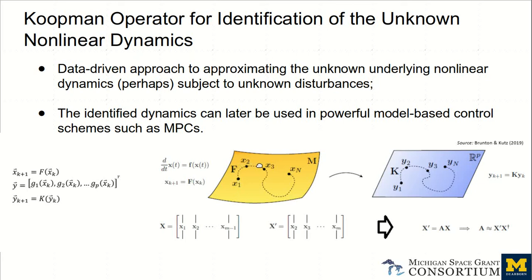Specifically, if we have a nonlinear dynamical system with the unknown flow F, and we have a bunch of measured data captured via the matrices of the data snapshots X and X prime, the idea of the linearized dynamics approximation using the Koopman operator theory is finding a matrix A that can approximately capture the flow of data under the nonlinear dynamical system whose dynamics are unknown.